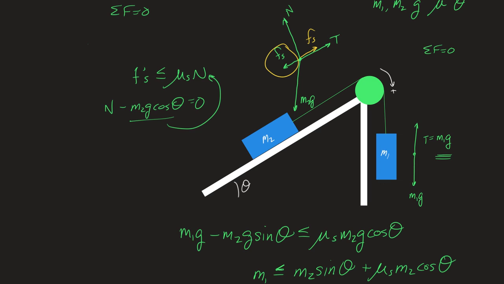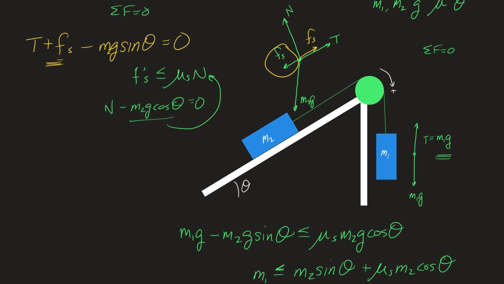So anything in yellow is going to be new. Tension plus friction minus m2g sine theta equals 0. That's different because this is now positive. Going to keep going. None of the next couple steps have any difference.